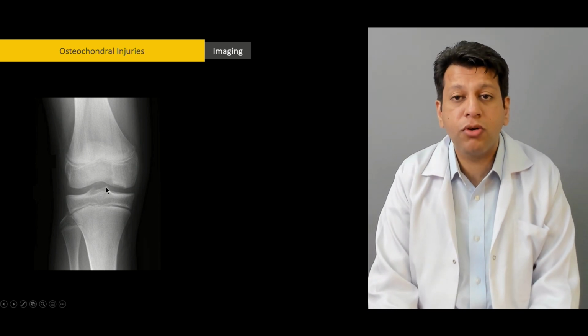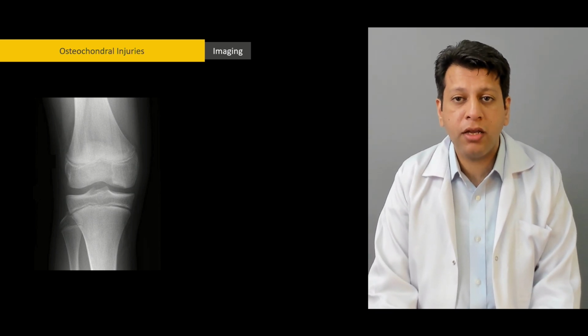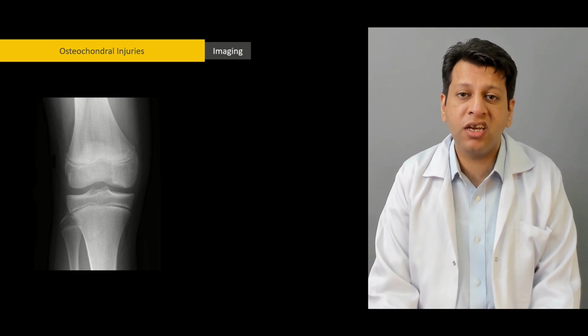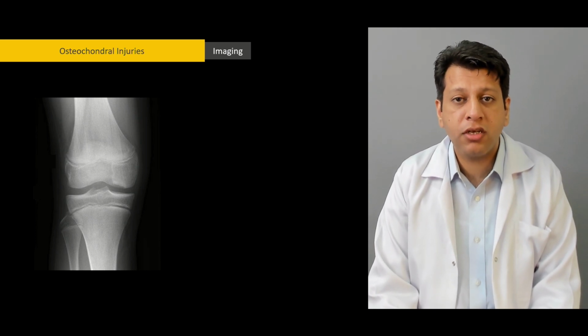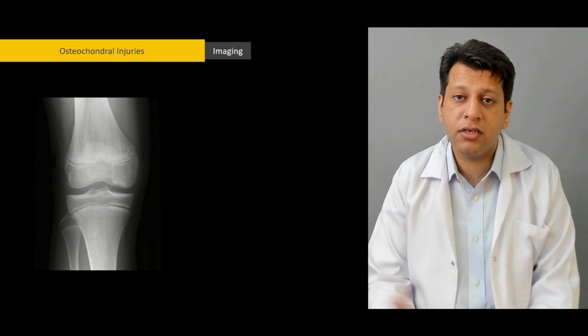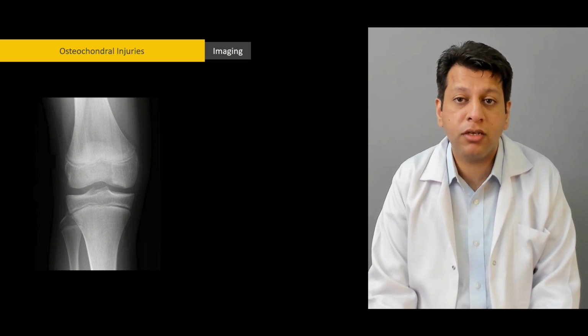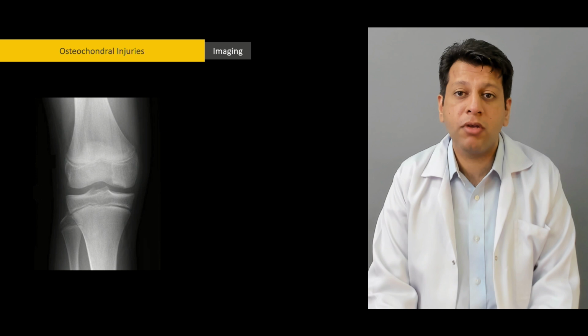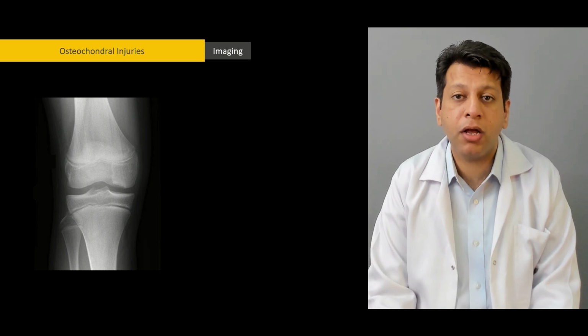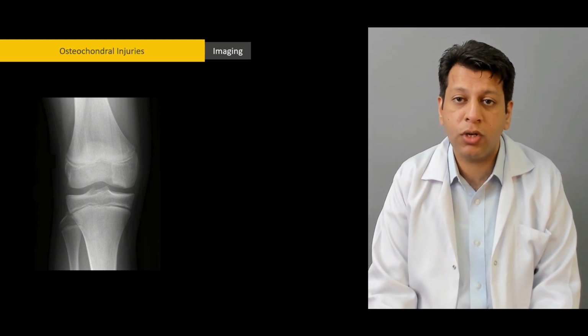Usually the symptoms may include pain with walking and decreased range of motion. In the knee it mostly involves the medial femoral condyle, so there may be some tenderness on palpation of the medial femoral condyle as well.